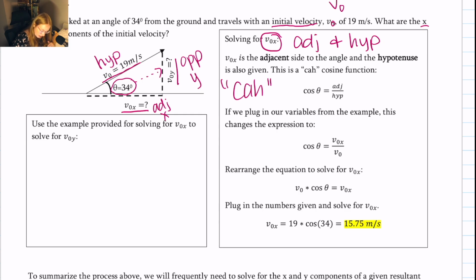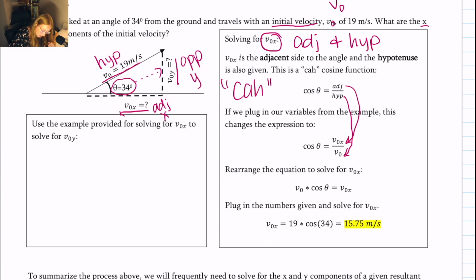It wants us to plug in our variables. So here's what it did. Cosine theta, theta is theta all the time, but our adjacent for this example was actually this V0x, and then your hypotenuse was labeled as V0. So I went ahead and plugged in the variables.